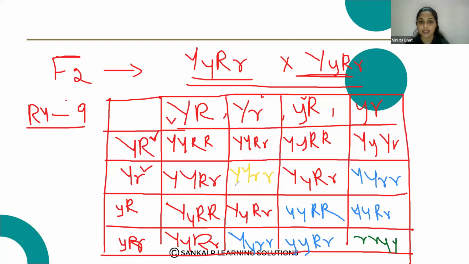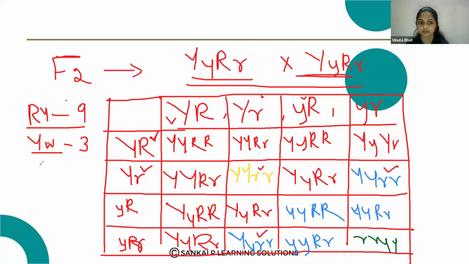Then let's see, capital Y, small r means yellow wrinkle seeds, YWL, right? Yellow wrinkle seeds, here 1 and here 2 and 3. So 1, 2, 3 yellow wrinkle seeds are produced.